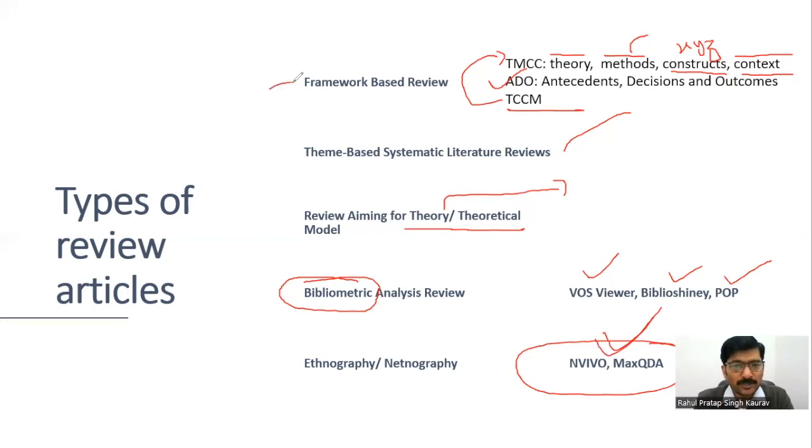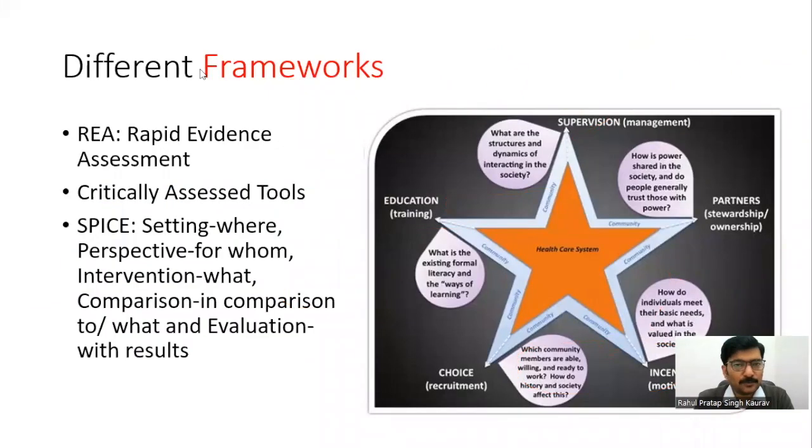Like I was talking about frameworks, there are a few more frameworks. One is REA, Rapid Evidence Assessment, more popular in the medical sciences and life sciences. Then the Critical Appraisal Tool, CAT. SPICE: setting, where; perspective, for whom; intervention, what; comparison, in comparison to what; and evaluation of the result.